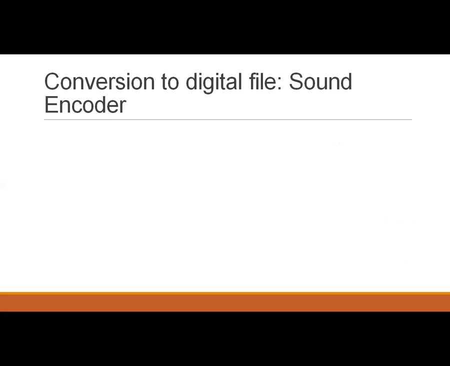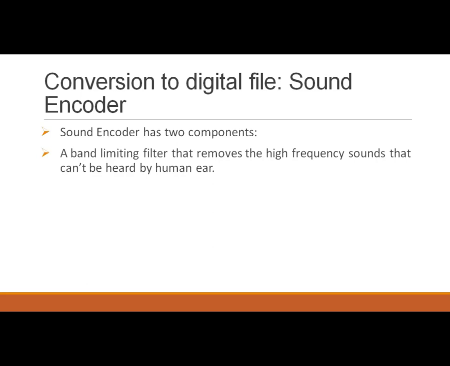A sound encoder actually has two components in it. One is a band limiting filter, which removes all the high frequency sounds that can't be heard by the human ear. You might remember that the audible frequency range of the human ear is 0 to 20,000 hertz.